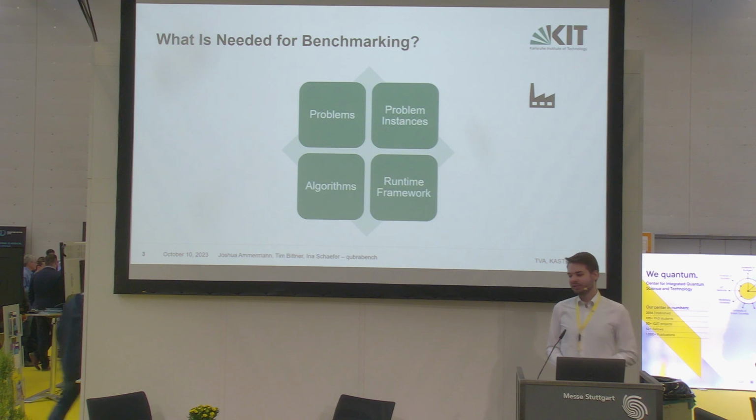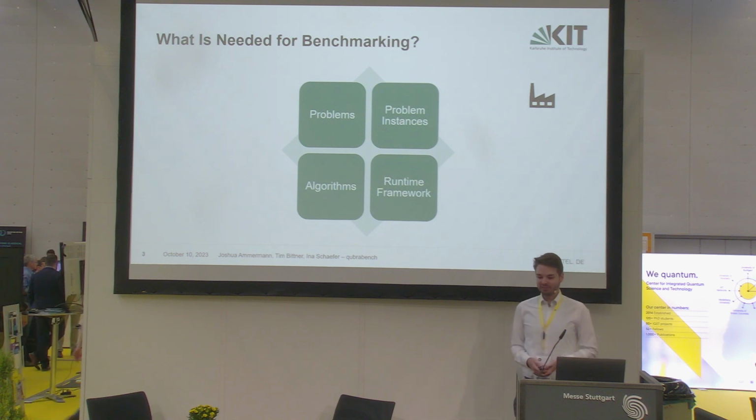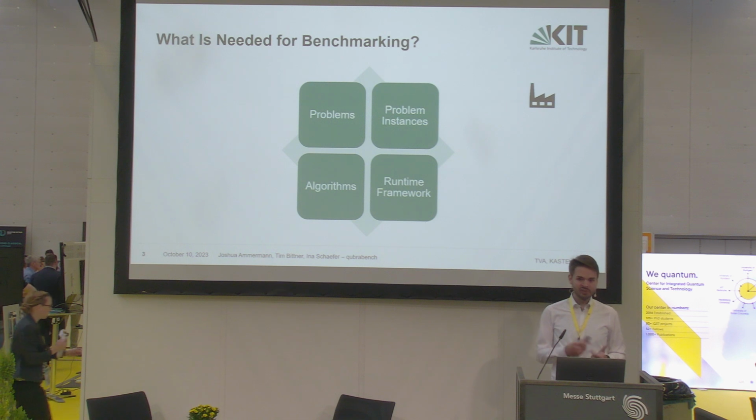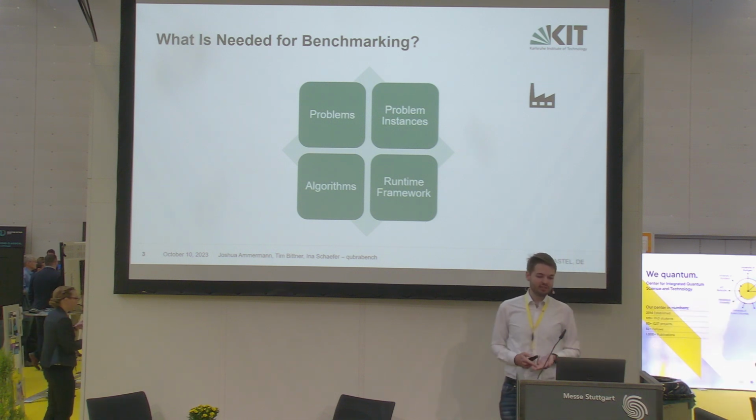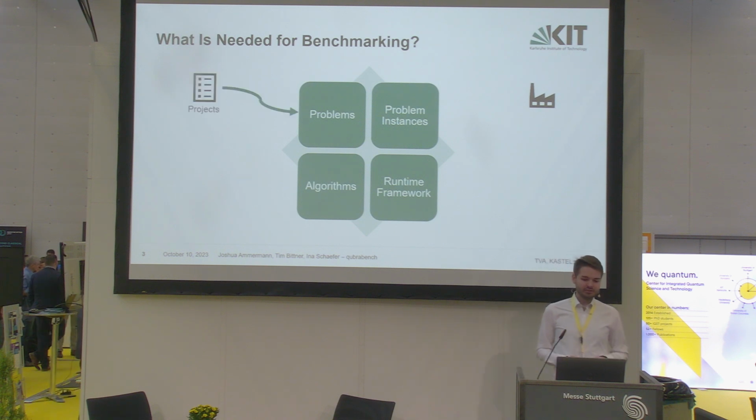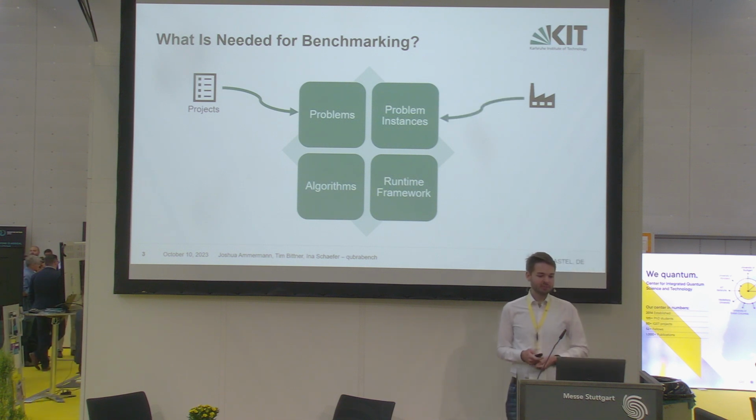So taking a step back, what do we actually need for benchmarking? We need four things: problems, problem instances, algorithms, and a runtime framework. Where do these things come from? The problems come, for example, from project proposals, like we have in Sequoia or other quantum projects. Problem instances are usually derived from industry partners, like real-world instances.